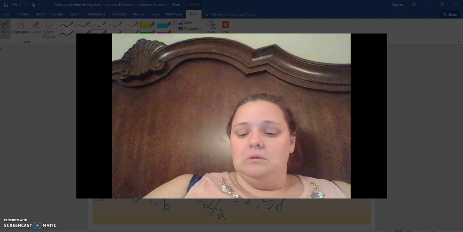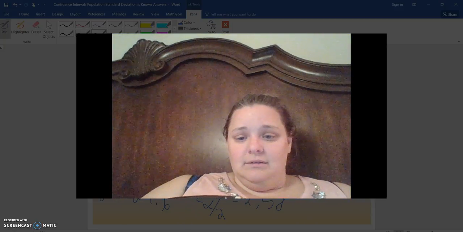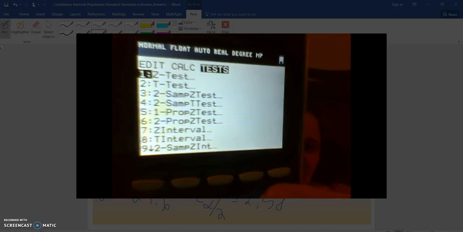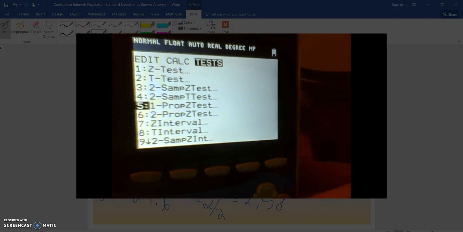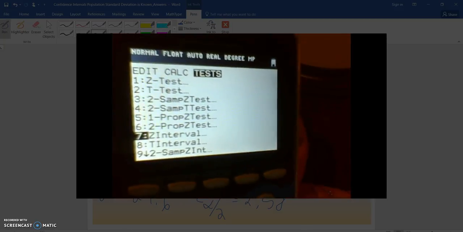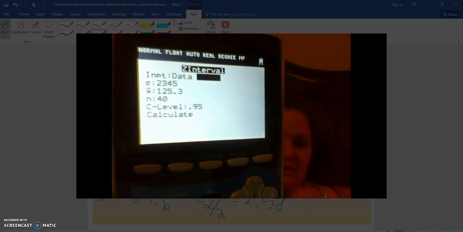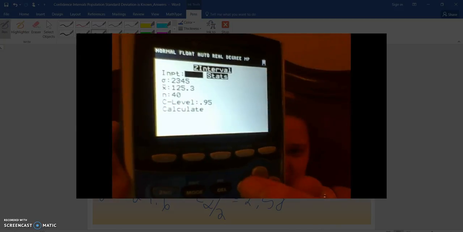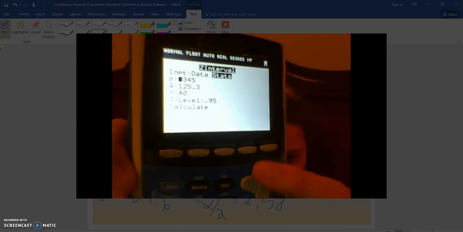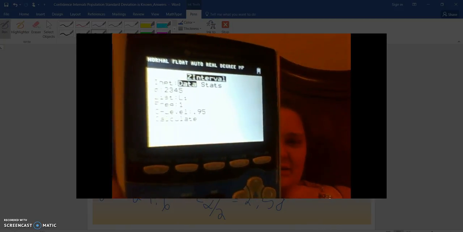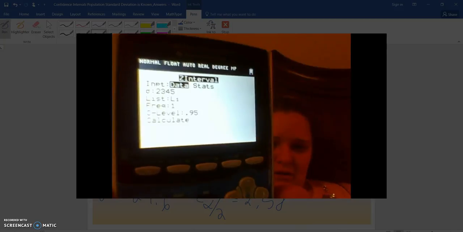All right, so stat, test, there we go, stat, test. And I want Z interval because we're in confidence intervals. Later, in the next chapter, we're going to learn about that stuff above. All right, and so I have stuff in data. Oh, no, I don't.